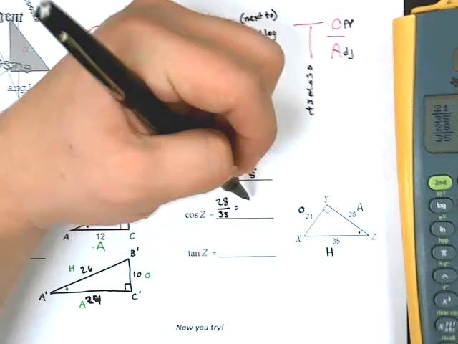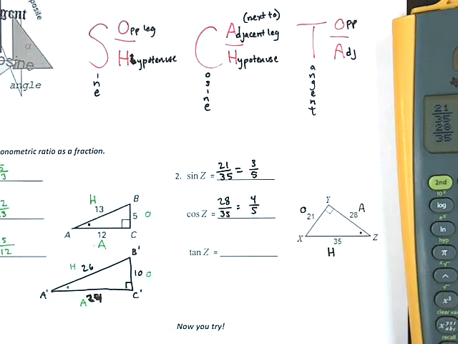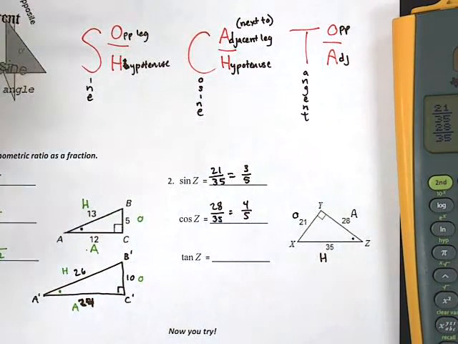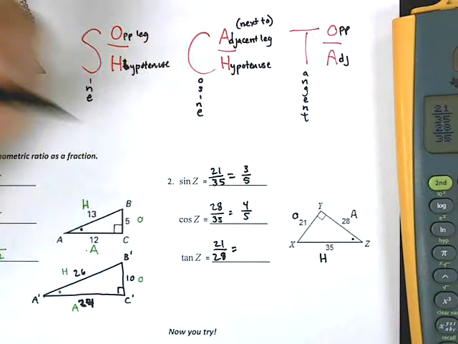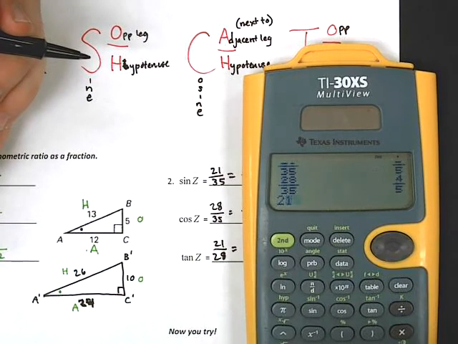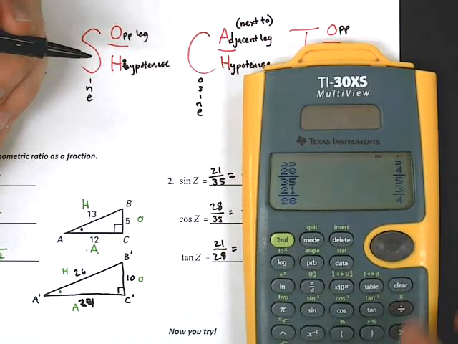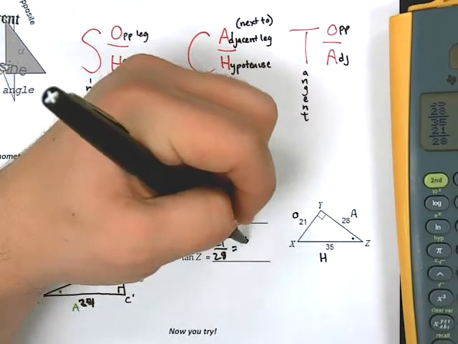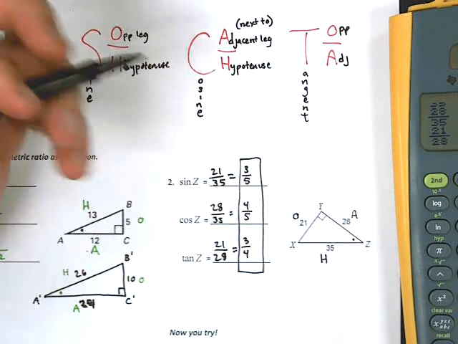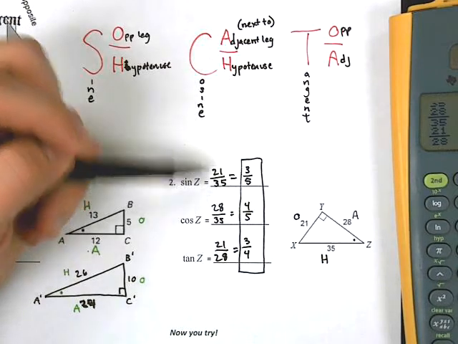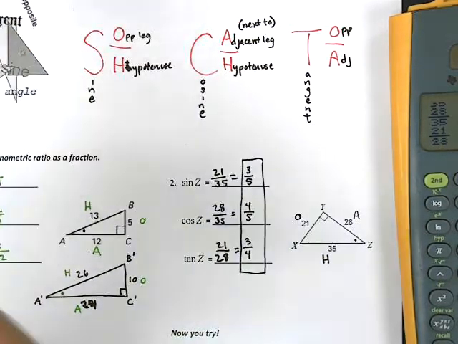And then lastly, tangent, opposite over adjacent. 21 over 28. You guys might be able to do this in your head, but however you get it, just make sure you're right, is 3/4. Okay? And so these are the answers I'd be looking for. On a quiz or a test, you would lose some points if you did not reduce your fractions. So you always want to reduce your fractions.